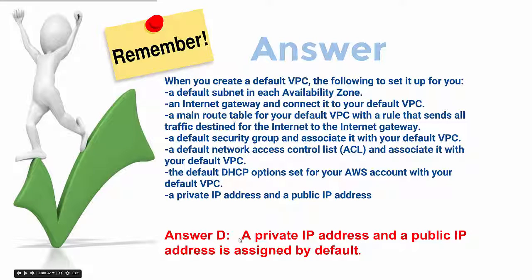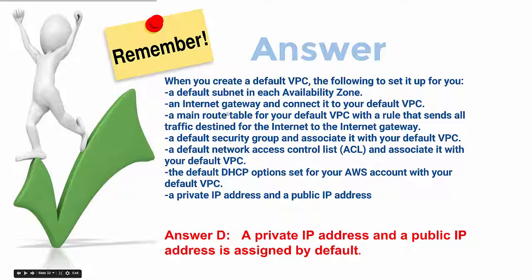And there's the answer. The reason is, these are the things that happen when you set up a VPC: a default subnet in each availability zone, an internet gateway created by default, a main route table for your default VPC, a default security group.